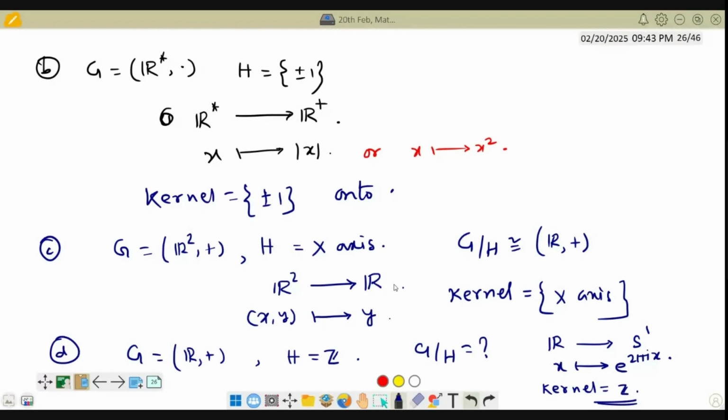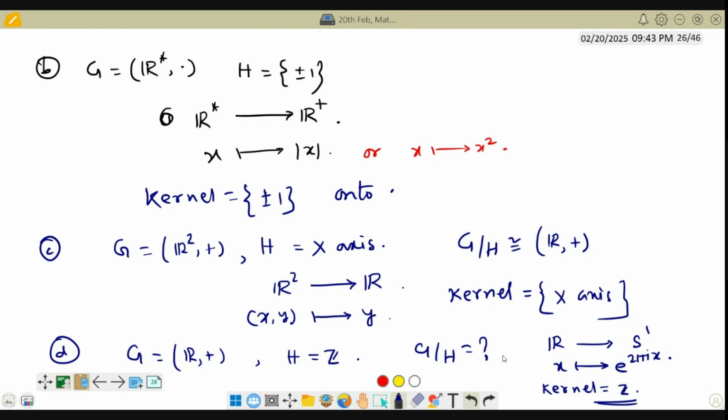Option D, D for Delhi. Here G is R, plus. H is Z. We need to identify G mod H, right? Yes. We are defining a homomorphism from R to S1.